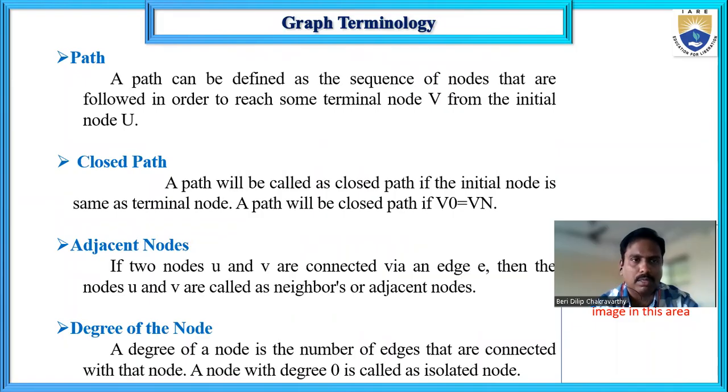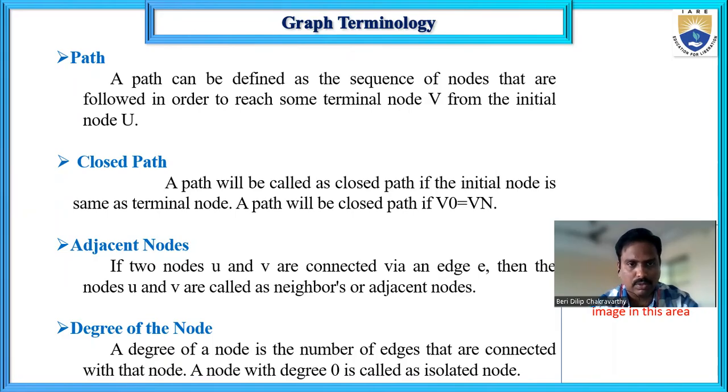Next, a path can be defined as a sequence of nodes that are followed in order to reach some terminal node. We start at one vertex, which we call the initial vertex. From that vertex, if we need to move to some other vertex, the way we proceed we call a path.